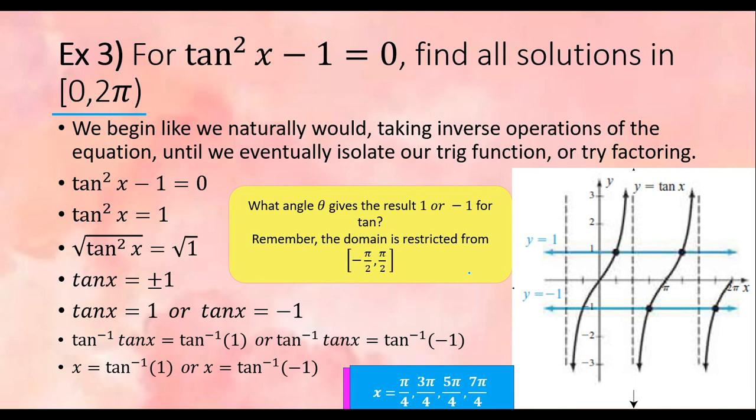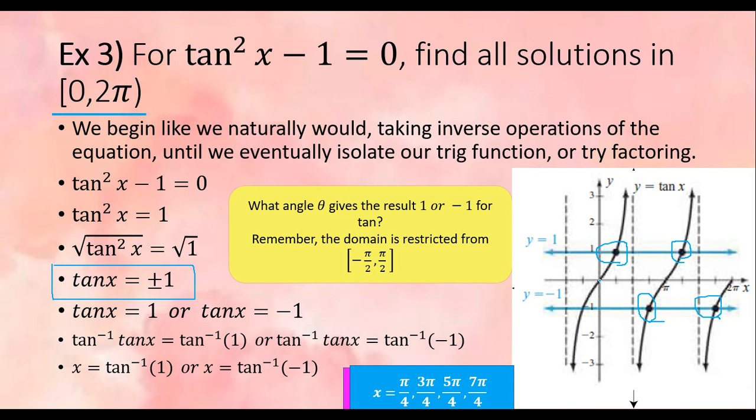So tangent of x is represented as the black graph, right? And then when we were solving the equation, we were saying, well, where does tangent equal plus or minus 1? This is what we were really asking. Where are the intersection points? So we can see with y equal to positive 1 and y equal to negative 1, I have 1, 2, 3, 4 intersection points.